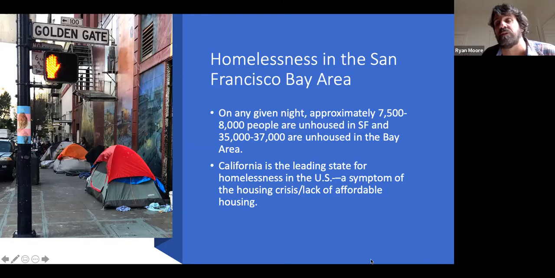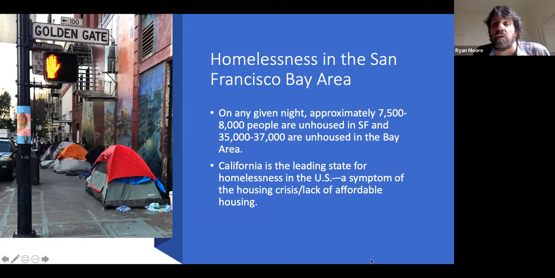And so this is this kind of cruel reality that we see all over the Bay Area, where more and more people are being displaced and kicked out of their homes. And then you've got all these other homes and apartments and condos that are just sitting empty.